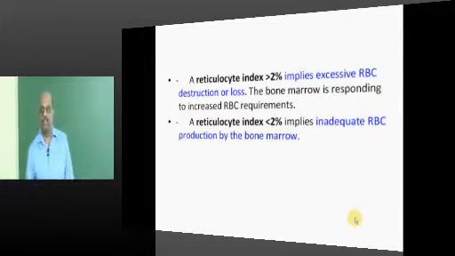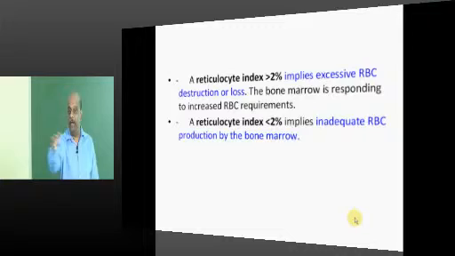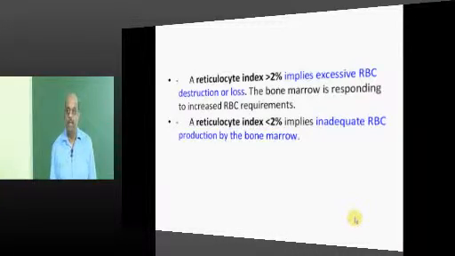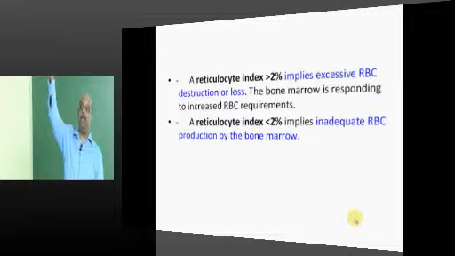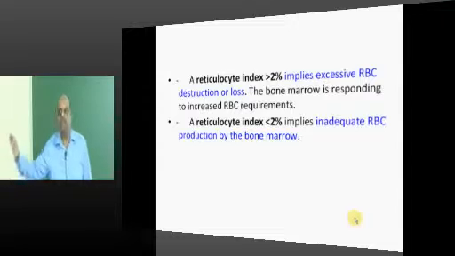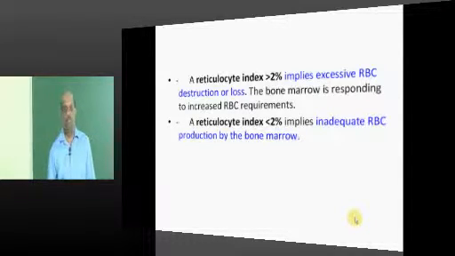There is a hemolysis. Hence bone marrow is trying to compensate that hemolysis by overproducing reticulocyte count. Hence a retic count more than 2% implies significant hemolysis is the ongoing process.